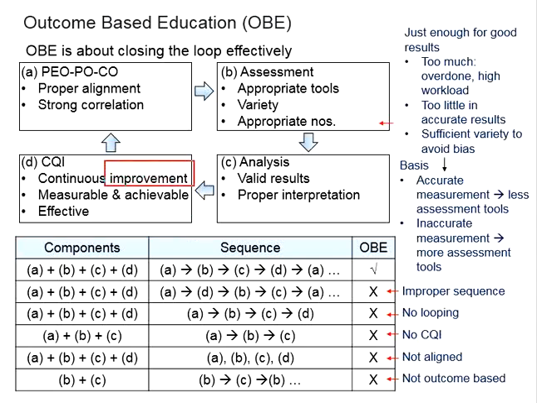The improvement needs to be conducted continuously, and it should be achievable and measurable, as well as effective. Now your CQI here needs to bring impact to improve the quality of the program.